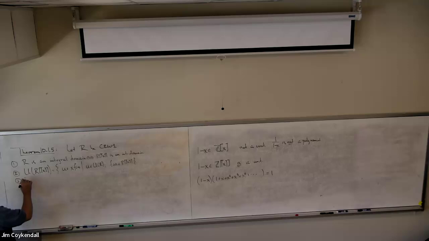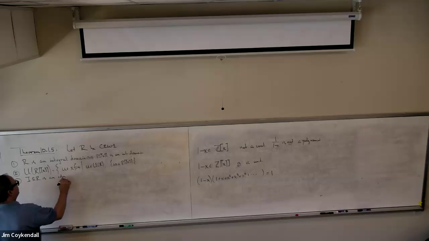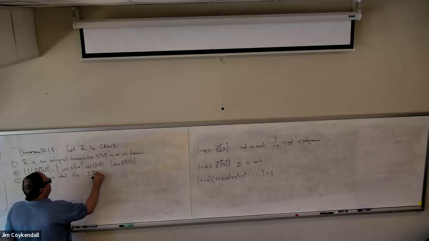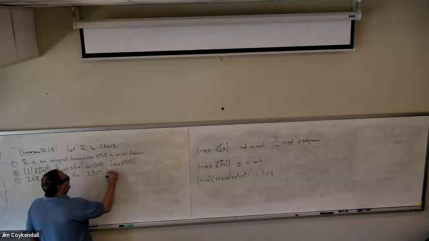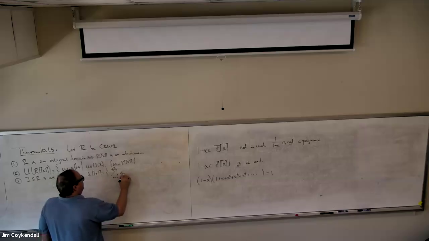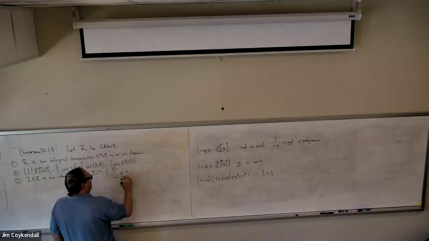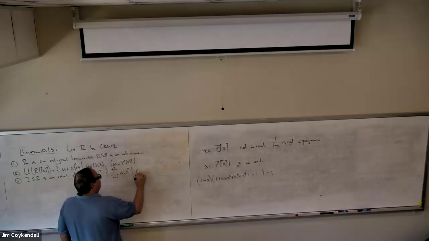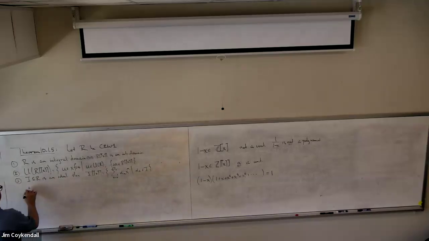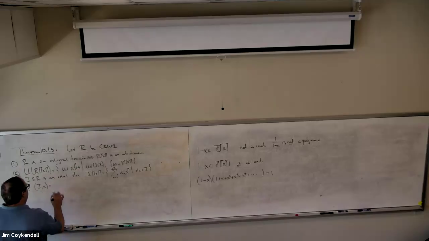This analog works well. If I in R is an ideal, then I[[x]], this is perhaps what you think it is. This is just all power series where all the coefficients are in I. And (I, x), this is the analog of the polynomial case.